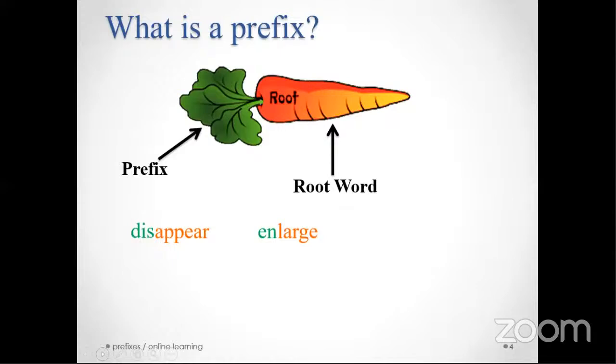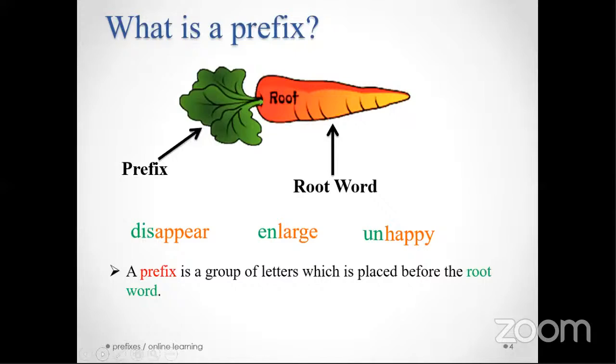And another word, happy. We saw it earlier. Happy is the root word, the base word, and the prefix is un, and we can make the word unhappy. So a prefix is a group of letters which is placed before the root word.